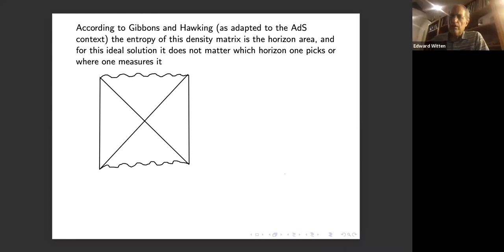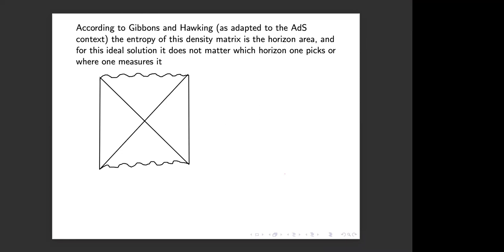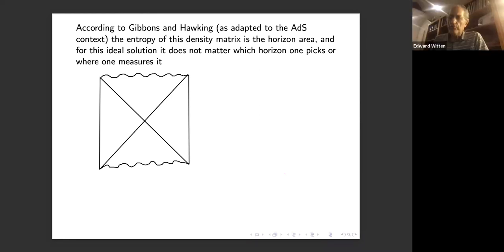Yes. That idea can be related to the entropic gravity idea. I don't know how to relate these ideas usefully. So, interesting question, but I don't know how to respond to it. Okay.